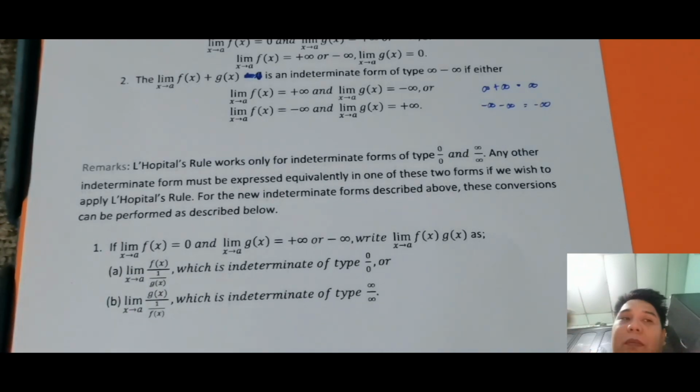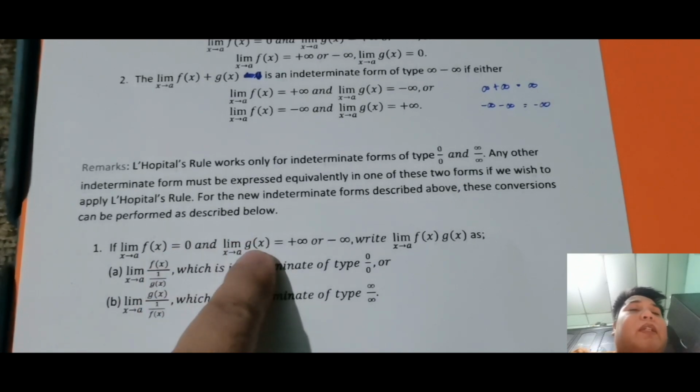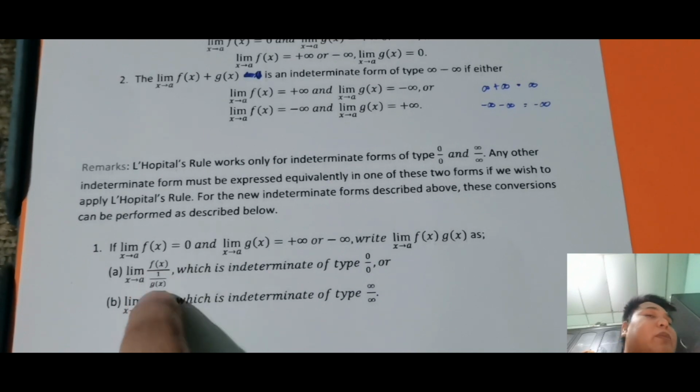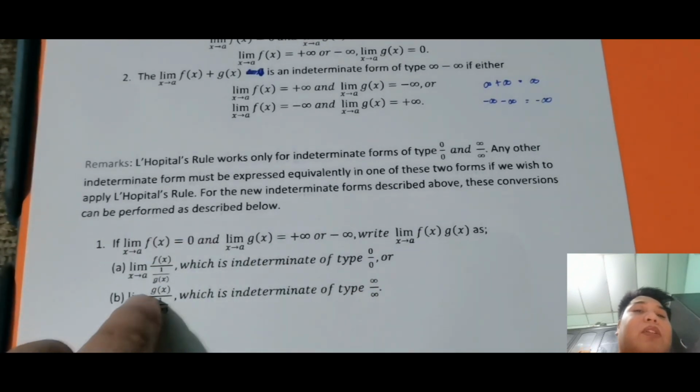Ngayon, sir, what if naman po si f of x, dalawa kasi yung choice natin. It's either gawin natin silang possible na infinity over infinity or 0 over 0. Kasi ito nga yung binibigay, no? Kung yung f of x daw is 0, tapos yung g of x is positive infinity, ganito gawin natin. Yung f of x 0, yung g of x, gawin natin 1 over g of x para maging 0 siya. Ngayon, kung gusto mo naman itry infinity, so anong nangyari?